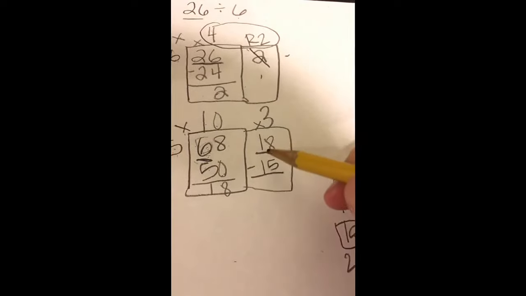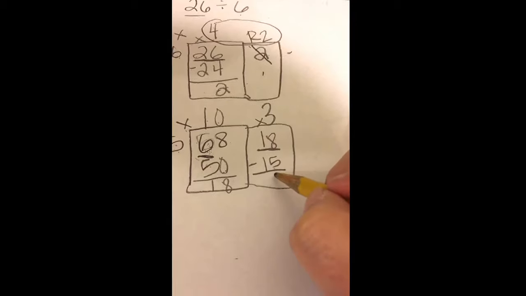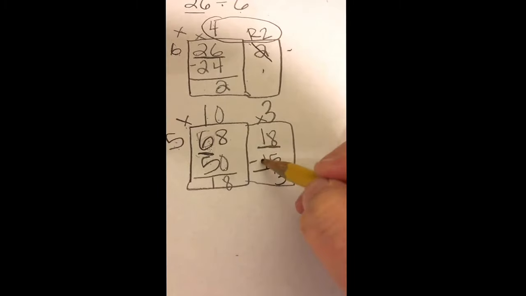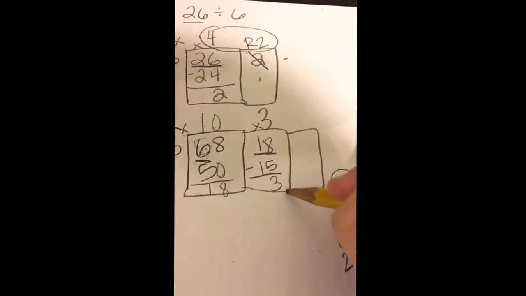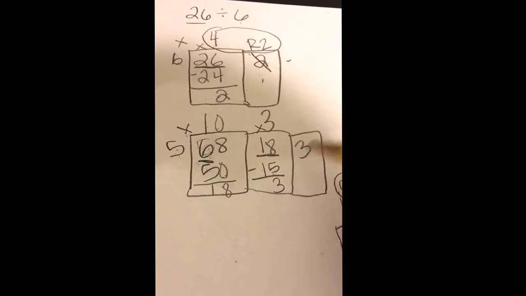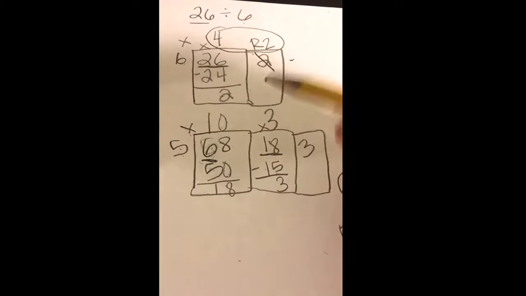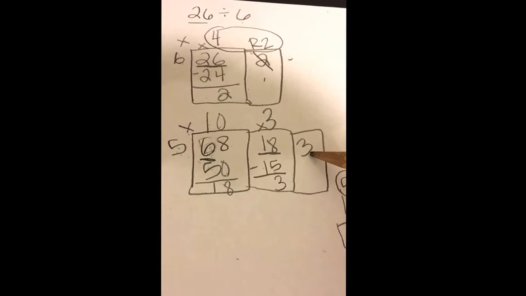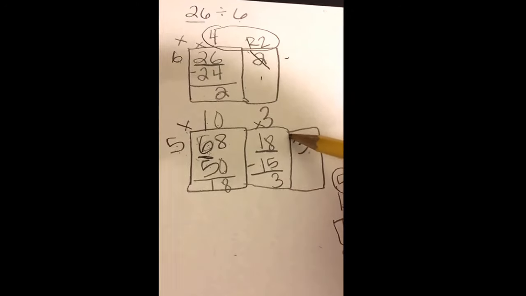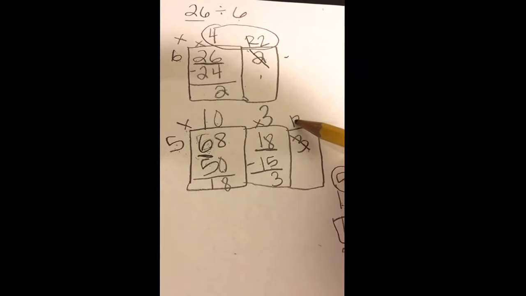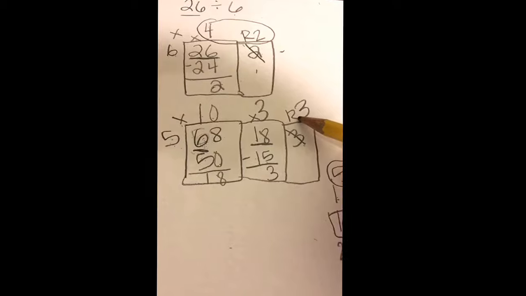And then we subtract. 8 minus 5 is 3. 1 minus 1 is 0. So we come here, we bring our 3 up, and we start all over. Can 5 go into 3? Oh, no it cannot. So this 3 comes up here as our remainder.